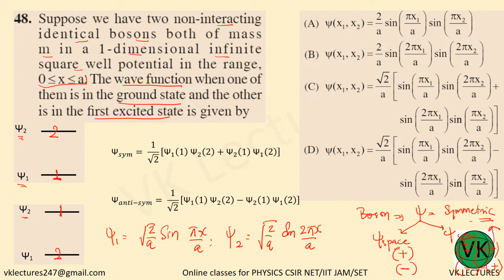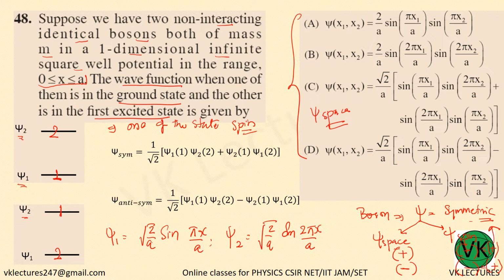That means together it must be symmetric. Now here the question is incomplete because one of the states, either psi space or psi spin, must be given. Only then can we find out the other one. Here psi spin must be given, because whatever is in the options is about psi space.